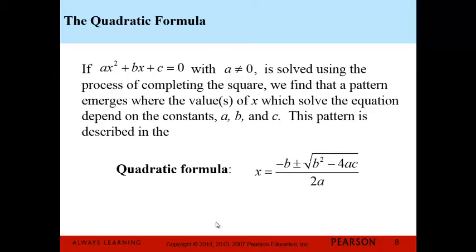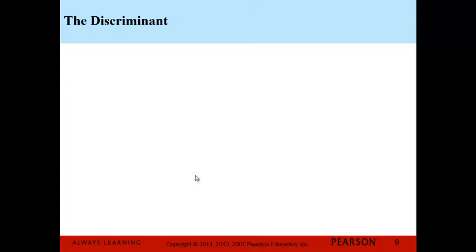You may have often wondered, where does this formula come from? It comes from starting with the equation ax squared plus bx plus c equals 0 and completing the square. So the quadratic formula is the pattern that always results when you complete the square on a quadratic equation.